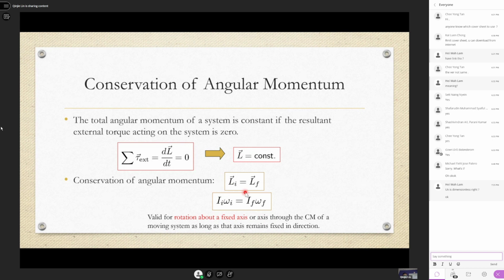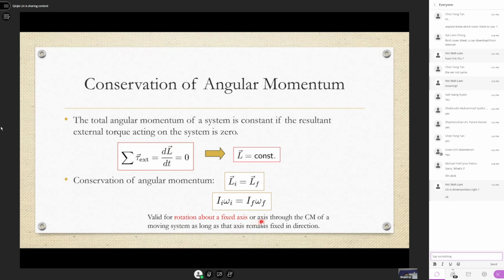If you write it out, I omega for the initial phase must equal I omega for the final phase, which means angular momentum at the start equals angular momentum at the end. But take note that this is only valid for rotation about a fixed axis.